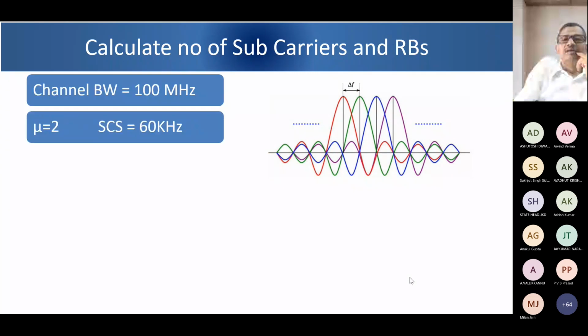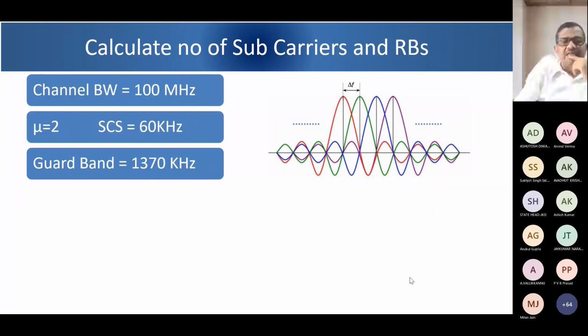Now the same question which I discussed earlier, with a slight difference: here let us take a channel bandwidth of 100 megahertz, and a subcarrier spacing of 60 kilohertz, and the guard band here will be 1370 kilohertz on both sides.